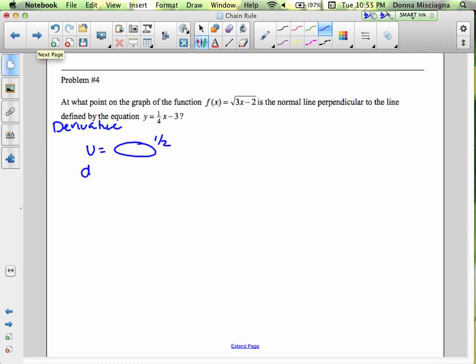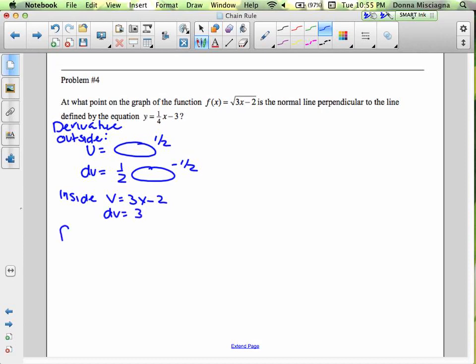And so the derivative is going to be 1/2 blop to the negative 1/2. Right? So this is the outside. The inside is the derivative of 3x minus 2. So v here is 3x minus 2. That derivative is 3. Right?